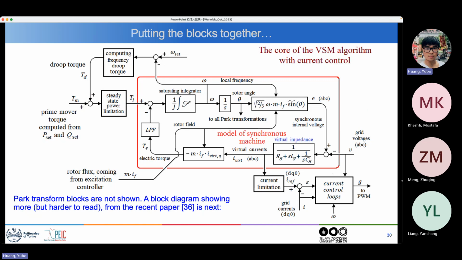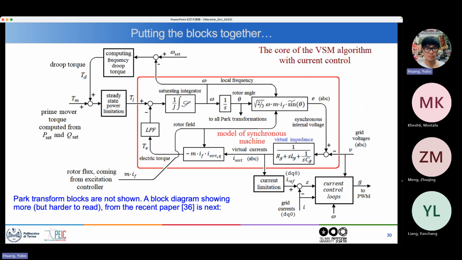Now, you have here the virtual currents. The virtual currents, you put them into a current limitation. And this is very nice because you transform them into DQ components, and you limit the DQ components. After the limitation you have here the reference current.